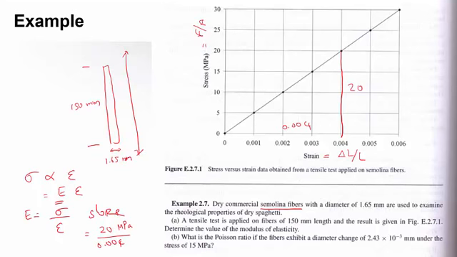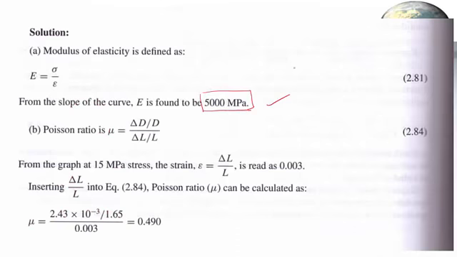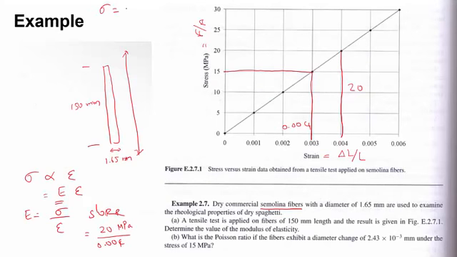So at a stress of 15 megapascals, the strain equals 0.003, unitless. And that's nothing but delta L over L, right?